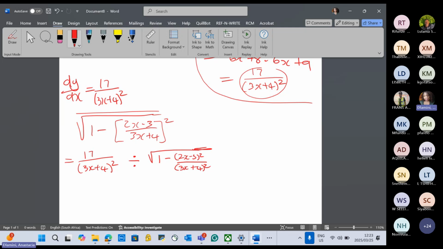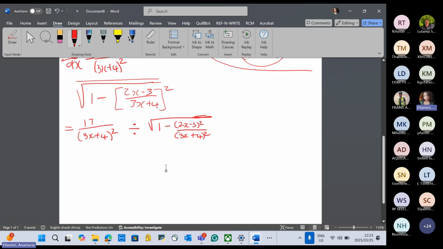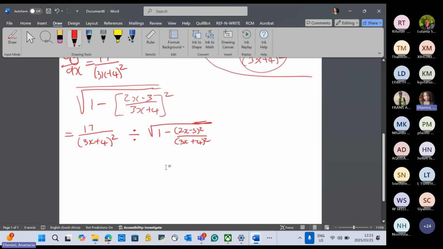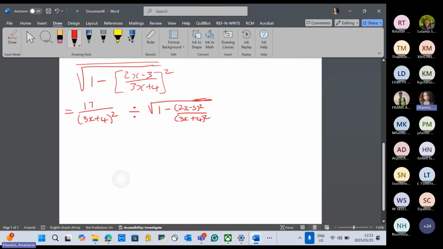Am I losing someone? No, I'm still with you. Okay. So which one can I simplify here now? Under the square root. Yes, that's the most complicated part. Let's simplify that for now.